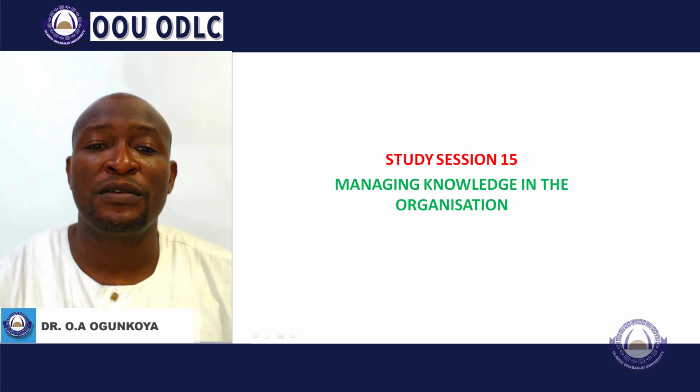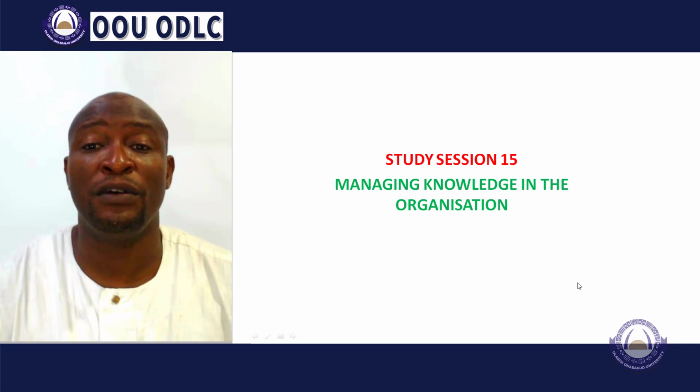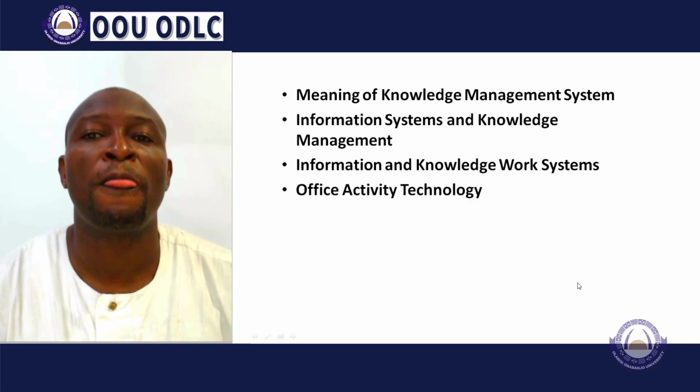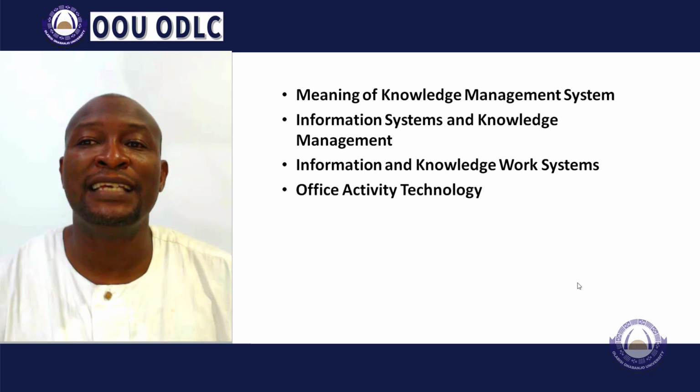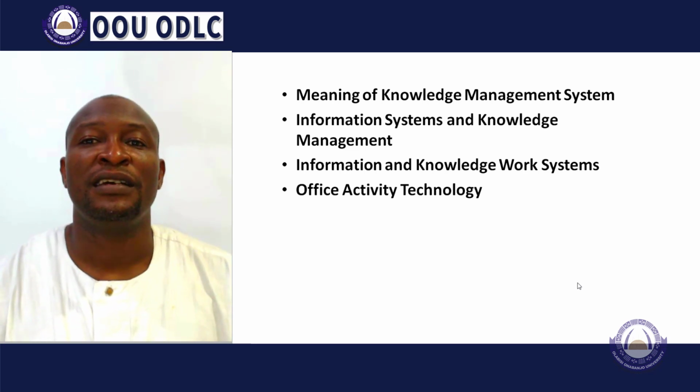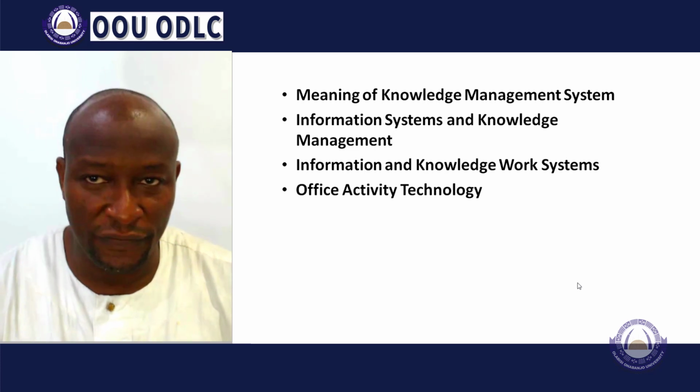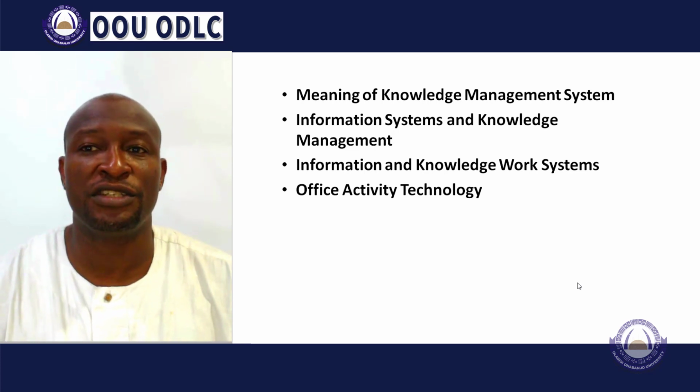To start with, what is the definition and the meaning of knowledge management system? A knowledge management system is designed to store any type of data needed to convey any decision and the discussion involved in making such decision.